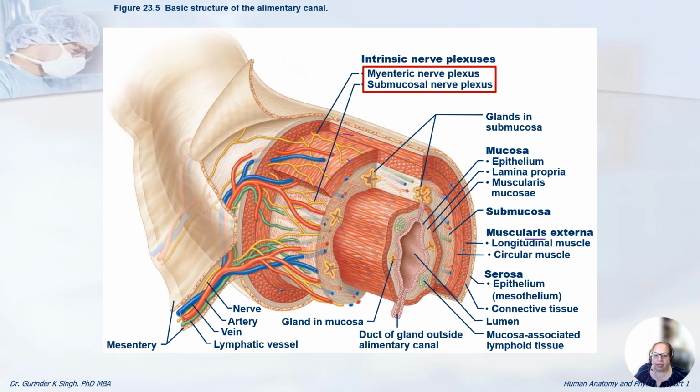And then we have some nerves, and I don't think they are actually connected to any autonomic nervous system being shown in this picture here.